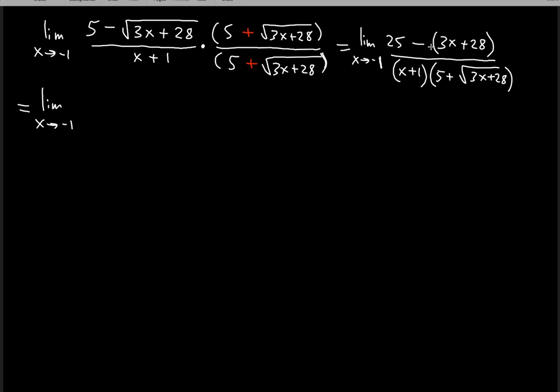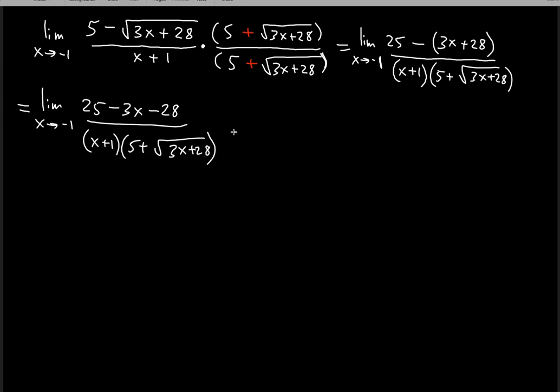So we will get 25 minus 3x minus 28. So we can distribute the minus and we can write it as 25 minus 3x minus 28 divided by this, x plus 1 times 5 plus square root of 3x plus 28.